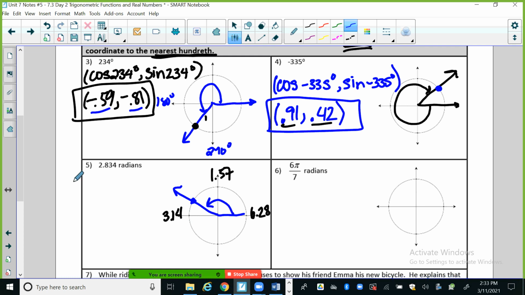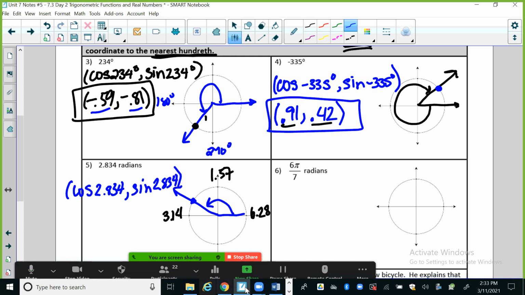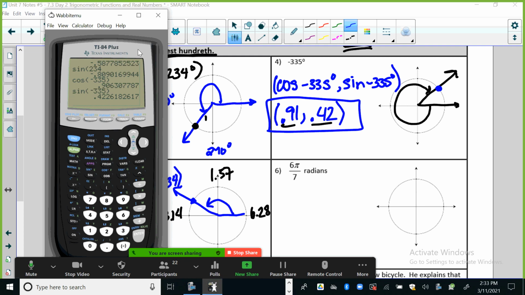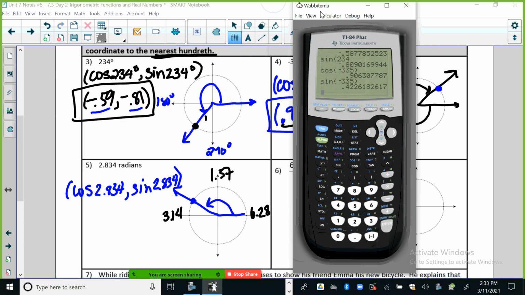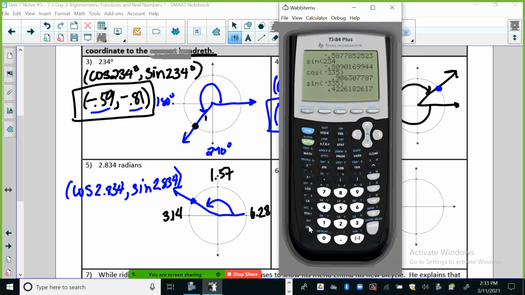So to find the coordinates, we have cosine of 2.834 radians, comma sine of 2.834 radians. But before we type that into our calculator, we have to make sure that our calculator is in radians, since our angle is in radians. So we go back to mode, which is right here to the right of second, and change it to radians.